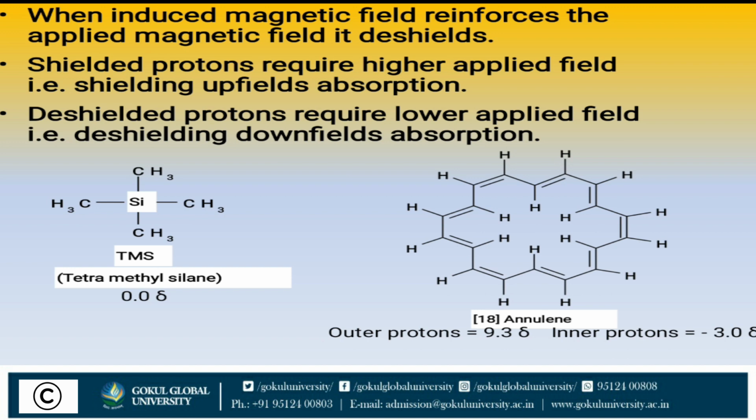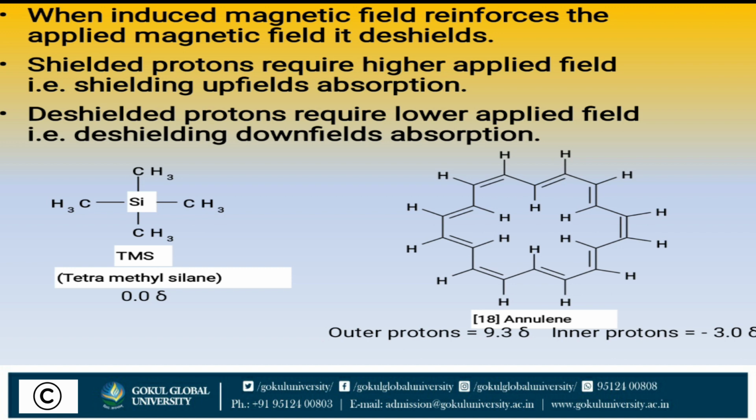Shielded protons require a higher applied field, which is called upfield absorption, and de-shielded protons require a lower applied field, which is called downfield absorption. So we discuss how this upfield absorption and downfield absorption occur on this topic.